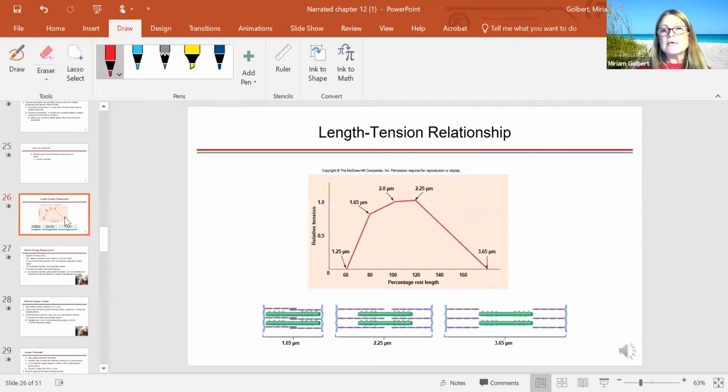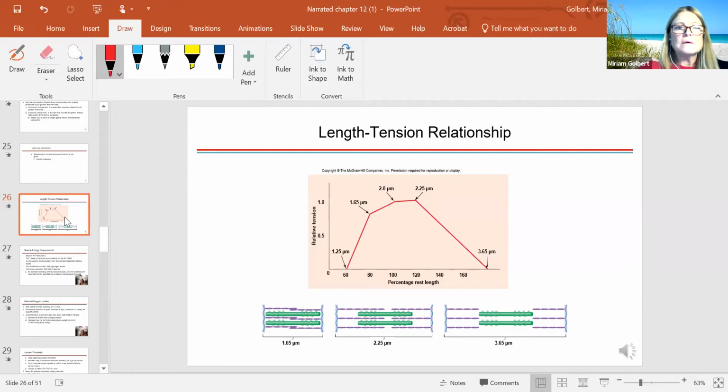So this one, we talked about a little bit: the length of the sarcomere has to be just right. We call this the Goldilocks principle, right? Not too short, not too long, just right. And the length of the sarcomere needs to be such that we can have enough zone of overlapping so the sarcomere can shorten.